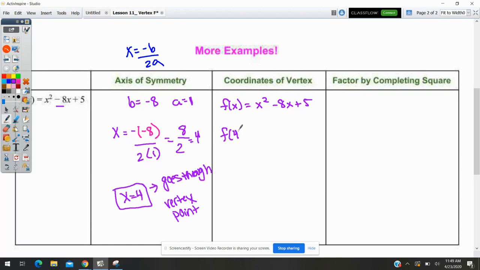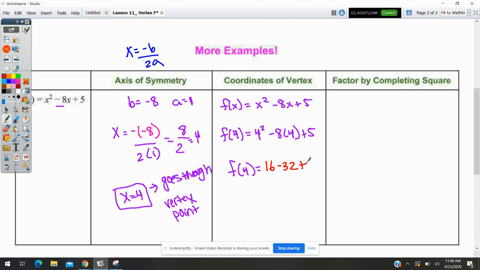So f of 4 equals 4 squared minus 8 times 4 plus 5. I'm just going to put this whole thing in my calculator. But if you were to break it down, 4 to the second power is 16. Negative 8 times 4 is negative 32.